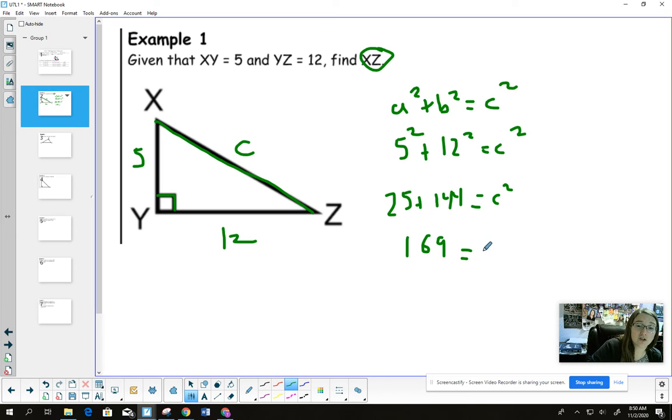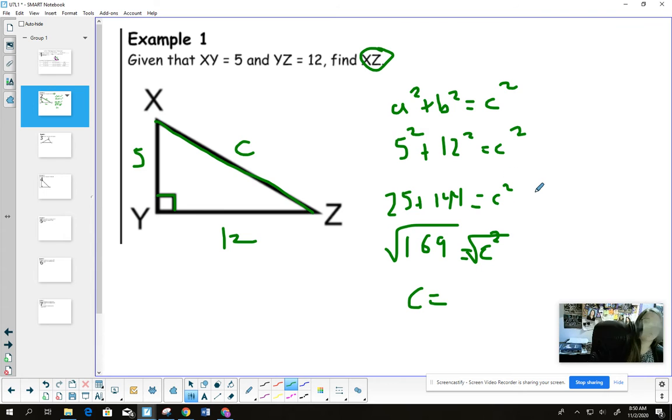Now here's where we enter a very common mistake. Have I solved for c yet? No, I have not, because it does not say c equals. It says c squared equals. How do we get rid of a square? We need to take the square root of both sides. You may have forgotten this. It's been a while.